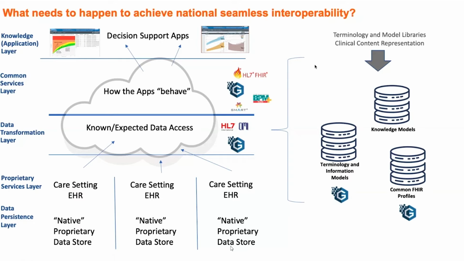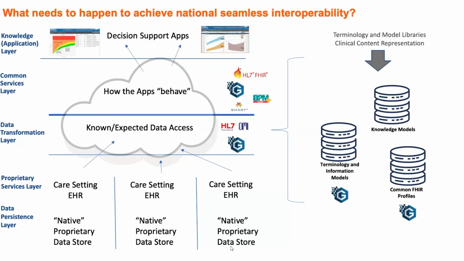We would have in that common area known and expected access of the data, and that's where Graphite and the models, the data access and the data definitions come in. I also didn't talk a lot about CIMI, the Clinical Information Modeling Initiative at HL7. It's very closely aligned with what Graphite is doing, and also with how the apps behave. FHIR is really helping us get to how the apps behave, so that we know what the interaction is between them.